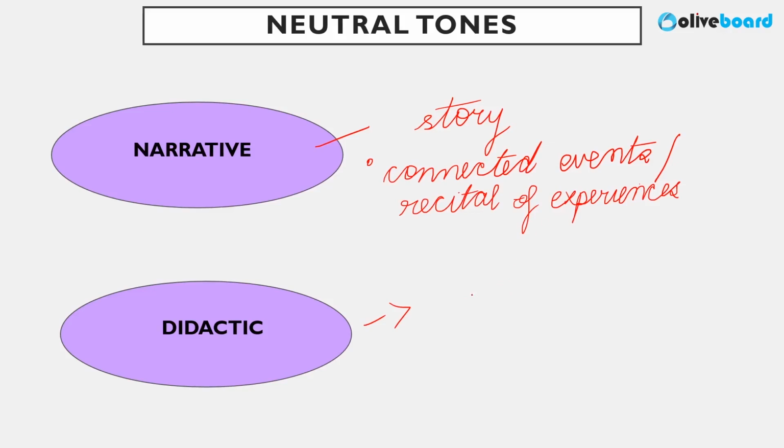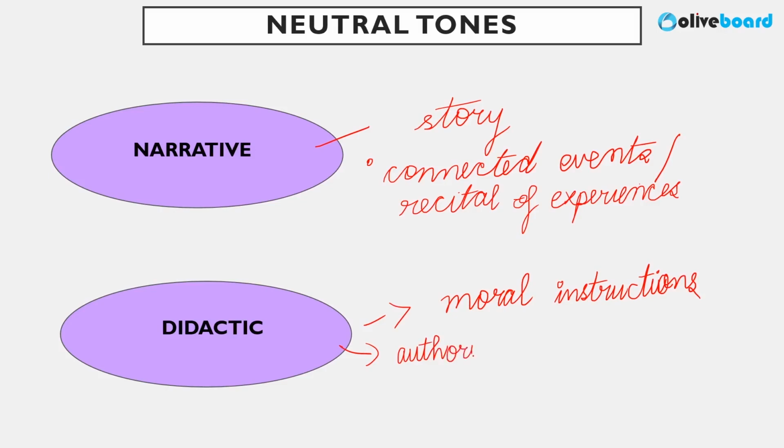So didactic is more of teaching. It is giving moral instructions, like how a teacher gives you or dictates, gives instructions. It is like that, didactic. So basically when you say information is given, but in what sense? It is given authoritatively, like how you remember the example of teacher dictates.